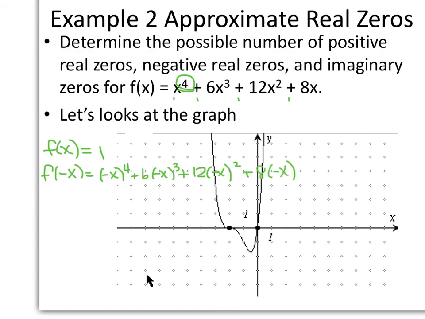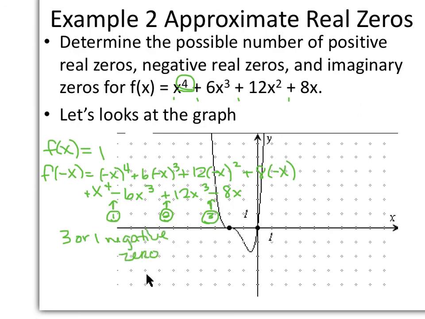And then go through here. This will turn positive. This will go to negative. This will stay positive. And this will go negative. So on this one we have, this is positive, so there's 1 sign change. Changes back to positive. There's 2 sign changes. Changes back, there's 3. So on this one, there's either 3 or 1 negative 0.